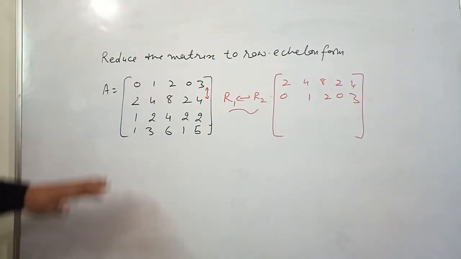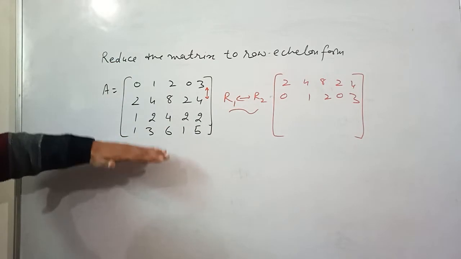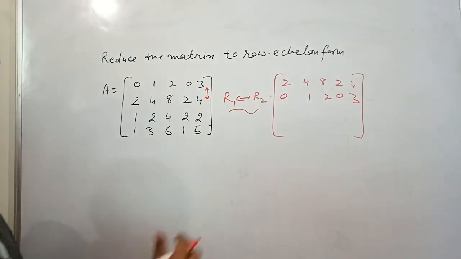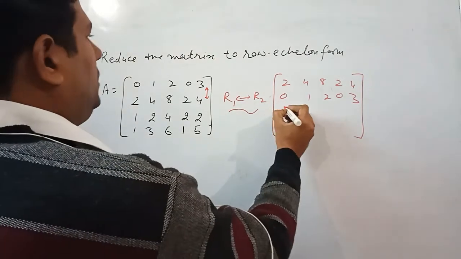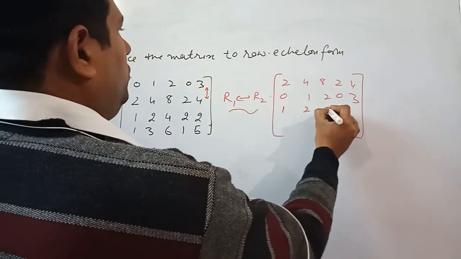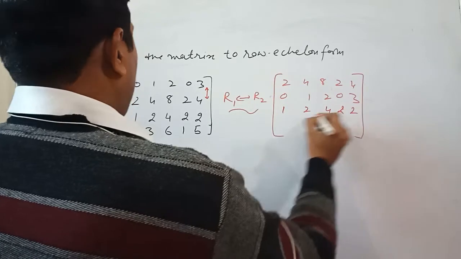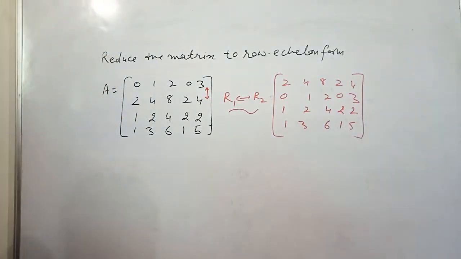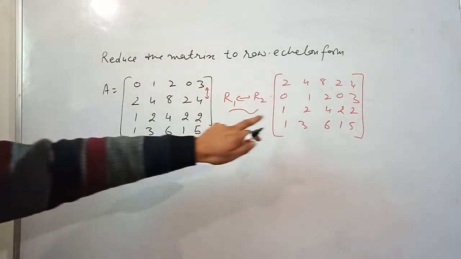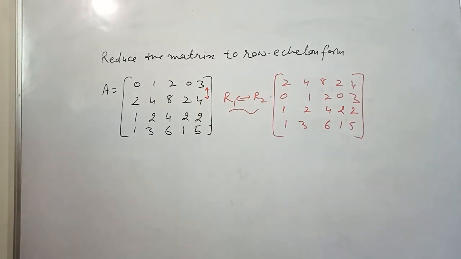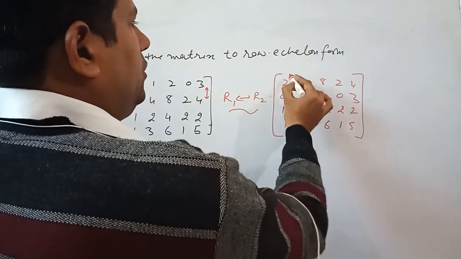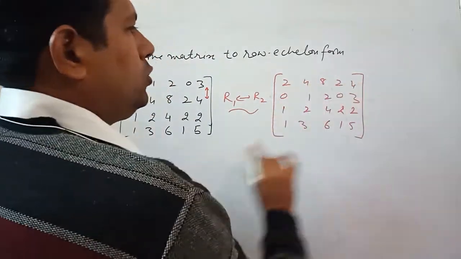We have to satisfy the 3 points from the definition of row echelon form. And then on this matrix we apply R1 divided by 2.